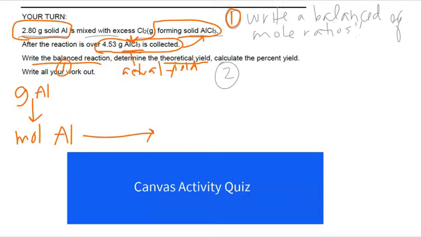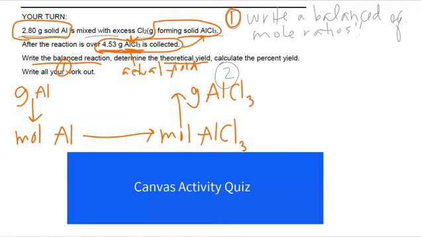We need to figure out how much AlCl3 is theoretically collected by stoichiometry. So moles of AlCl3. And then, since this is in grams, I collected in grams, I need to get back to grams of AlCl3. So we also will need our periodic table.